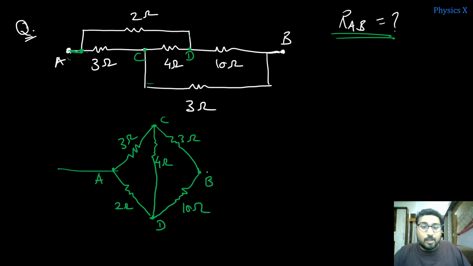So now your circuit becomes like this, right? Let me take this as 2 ohm only, because I want to tell you one more concept here. Let it be C and B, let it be 4 ohm only.